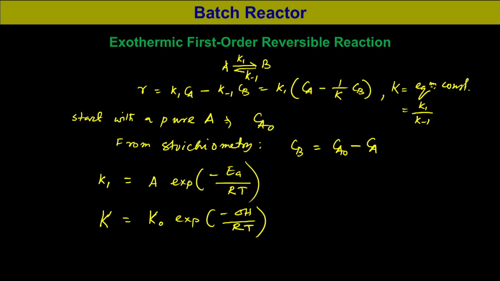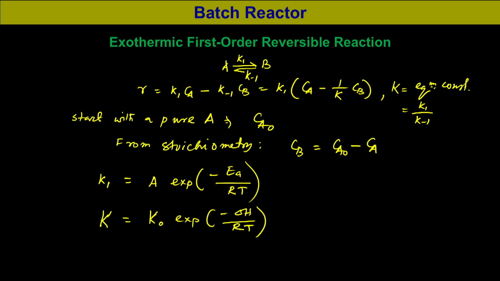Here the forward rate constant is K1, the reverse rate constant is K minus 1, and Ca, Cb are the concentrations of components A and B. Capital K is the equilibrium constant, which is equal to K1 by K minus 1.